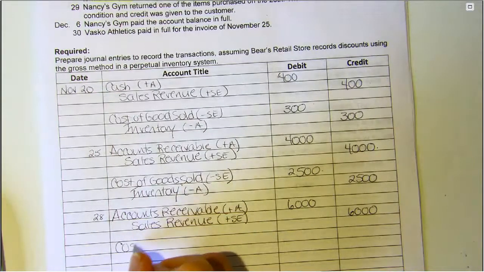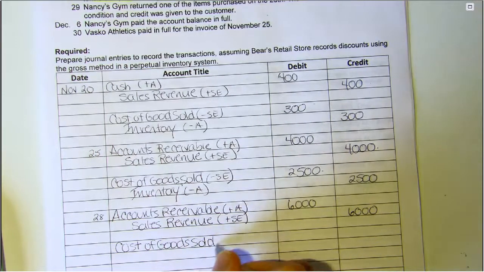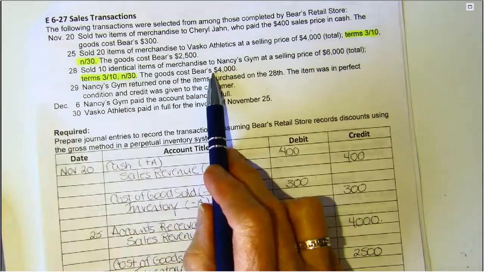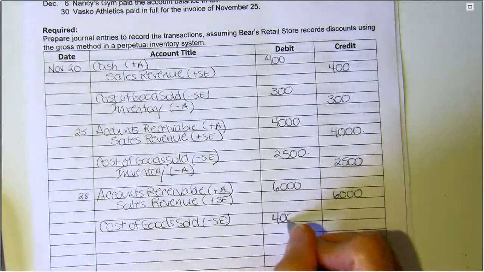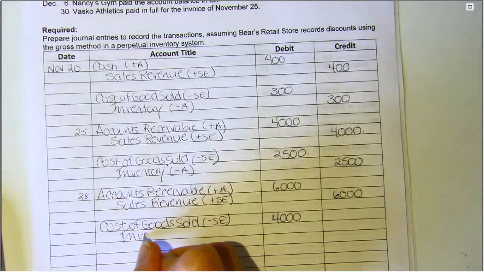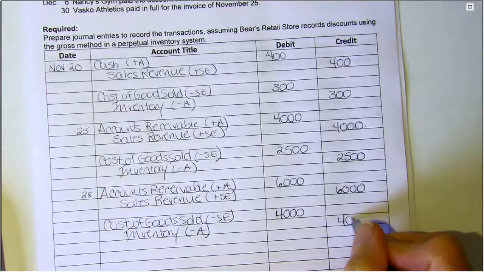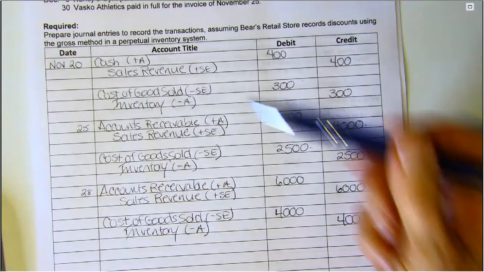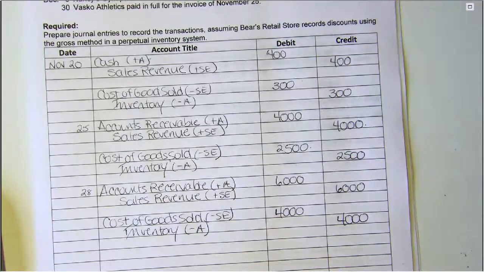So we will debit the expense account called cost of goods sold for the cost of what was sold, which was $4,000, and we will credit inventory to remove those items from our inventory and keep that inventory account updated. So the bottom line is if you receive cash, you debit cash. If you don't get paid right away, you debit accounts receivable, and you'll receive that money later.